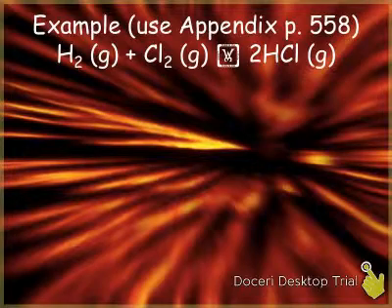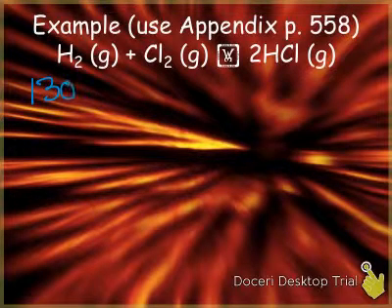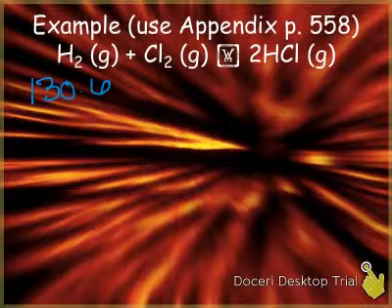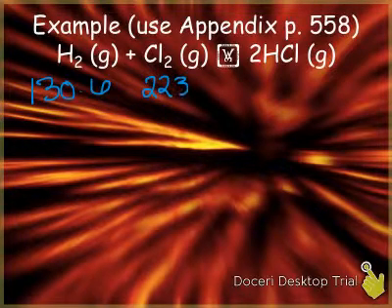So somebody look up the entropy for hydrogen gas. 130.6. Somebody look up the entropy for chlorine gas. 223.0. And somebody look up the entropy for hydrogen chloride gas.